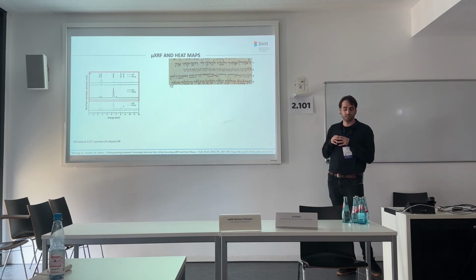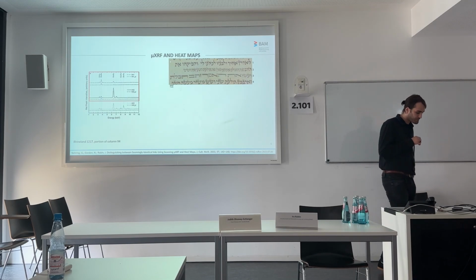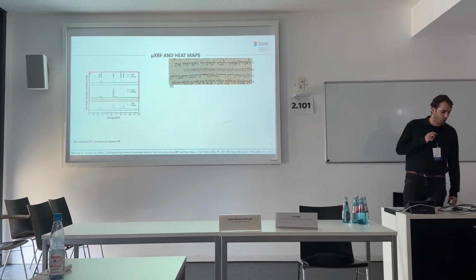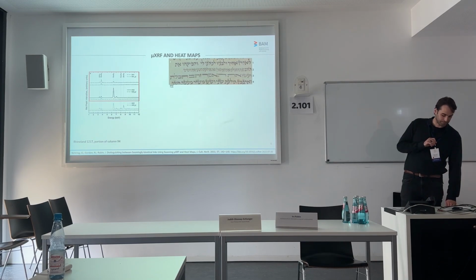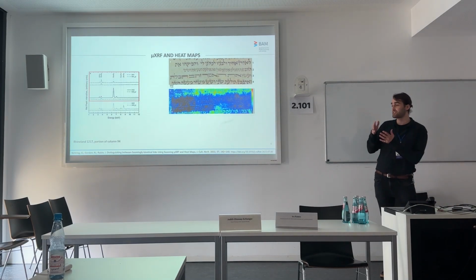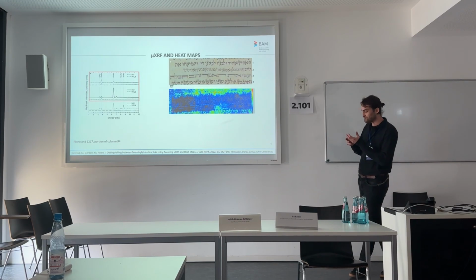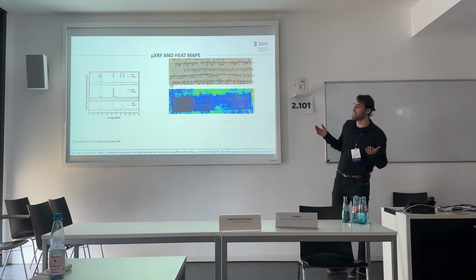Here we're looking at a small cutout of one of the scans that we conducted on this Hungarian scroll. The four numbered lines are here to help us follow what we revealed while using imaging XRF and presenting the data as heat maps.